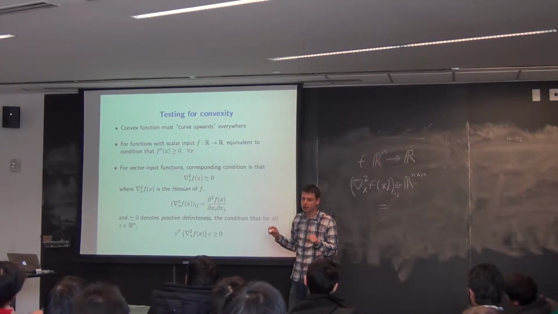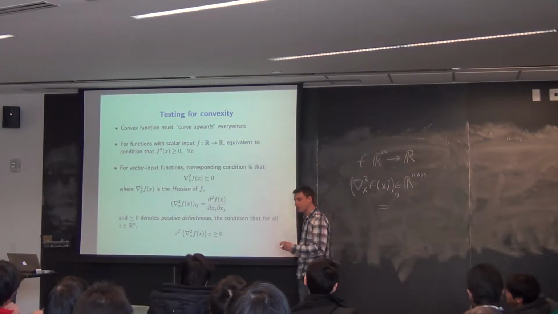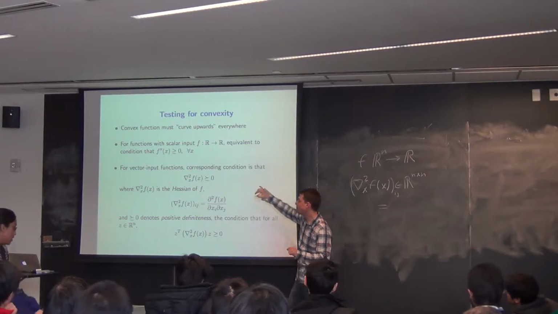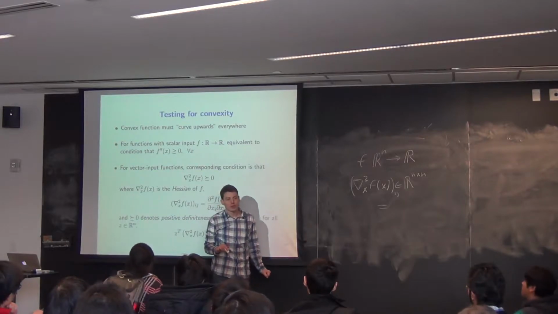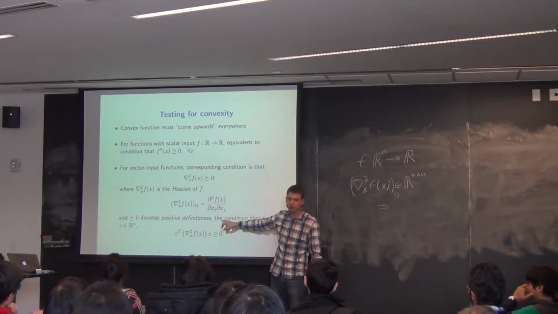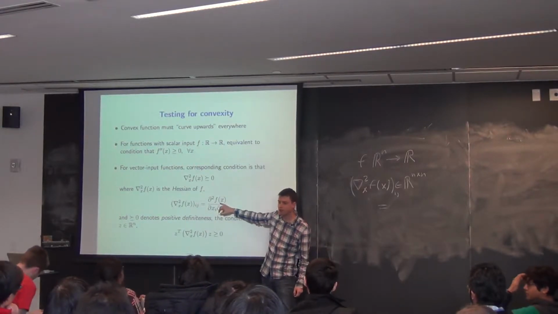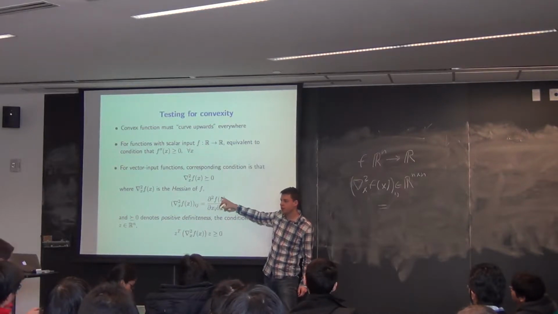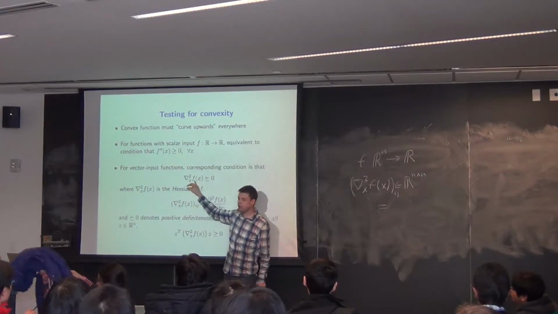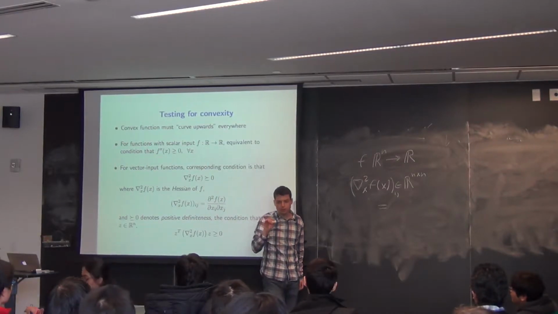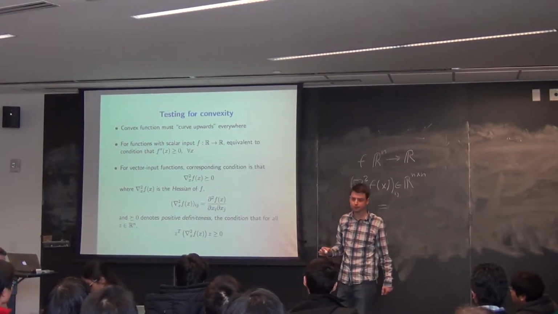Now, the equivalent condition for positivity of the second derivative in the scalar case is a different property of the Hessian matrix. In order for a vector input function to be convex, this Hessian matrix has to be what's called positive semi-definite.